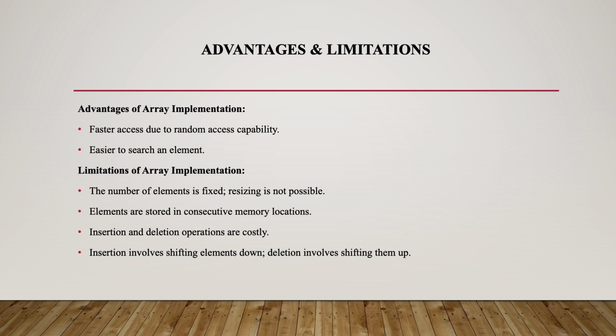This means we can directly jump to any element using its index without having to go through other elements one by one, which makes searching and accessing data much quicker. Another advantage is searching. Searching for an element in the array is quite easy, especially if the data is stored in sorted order.